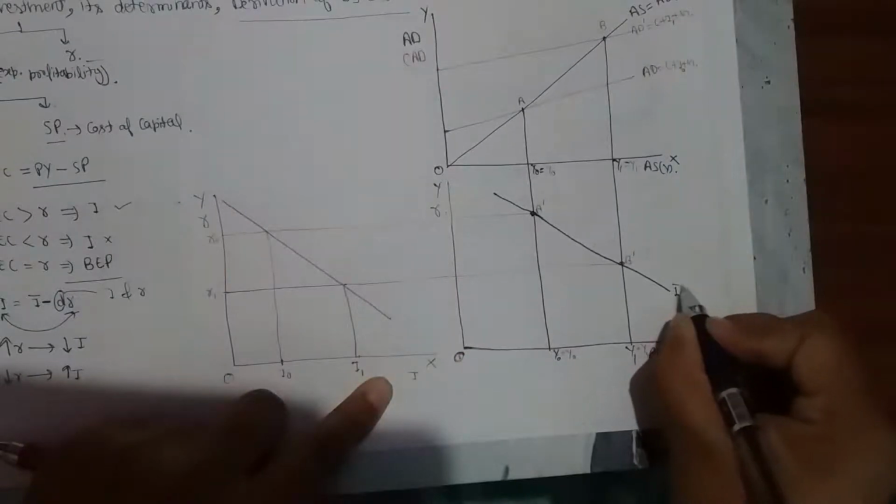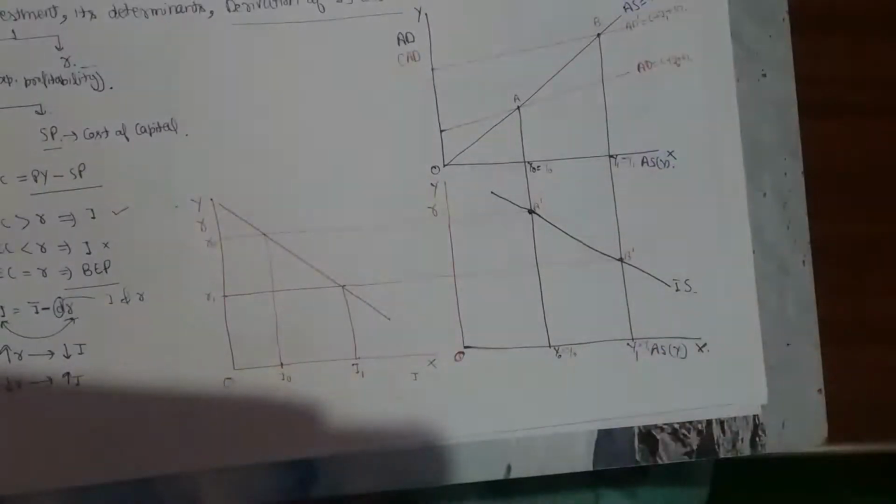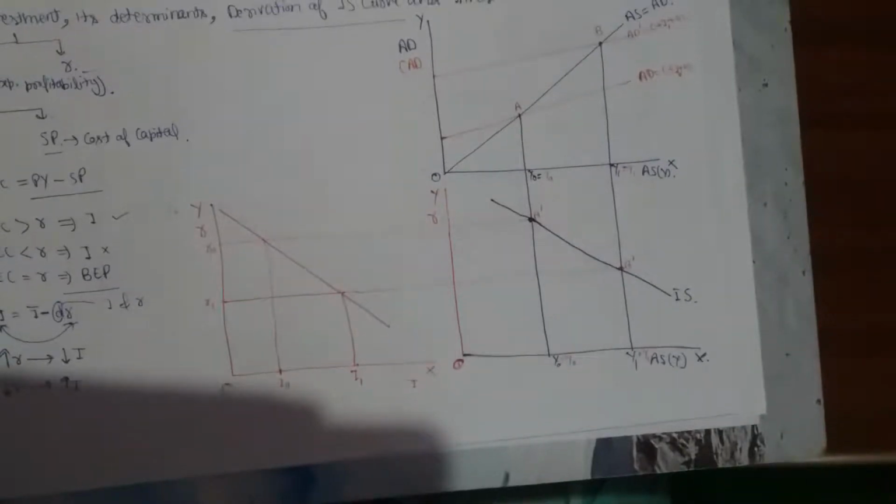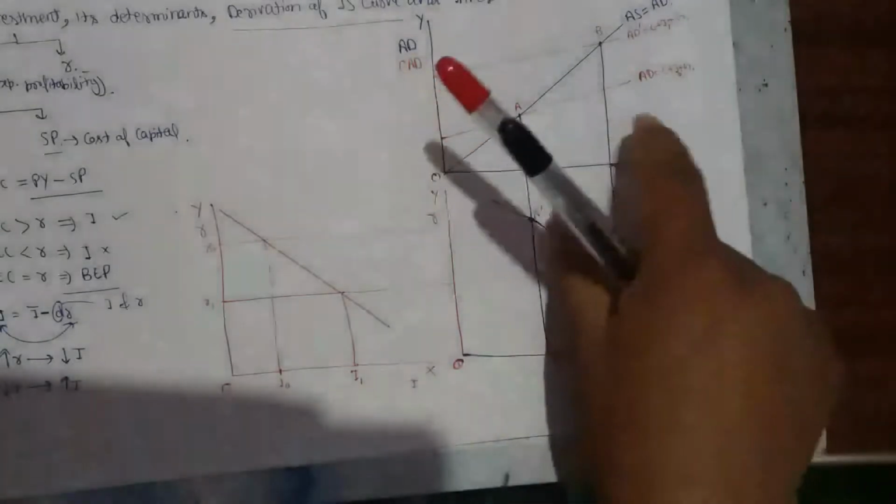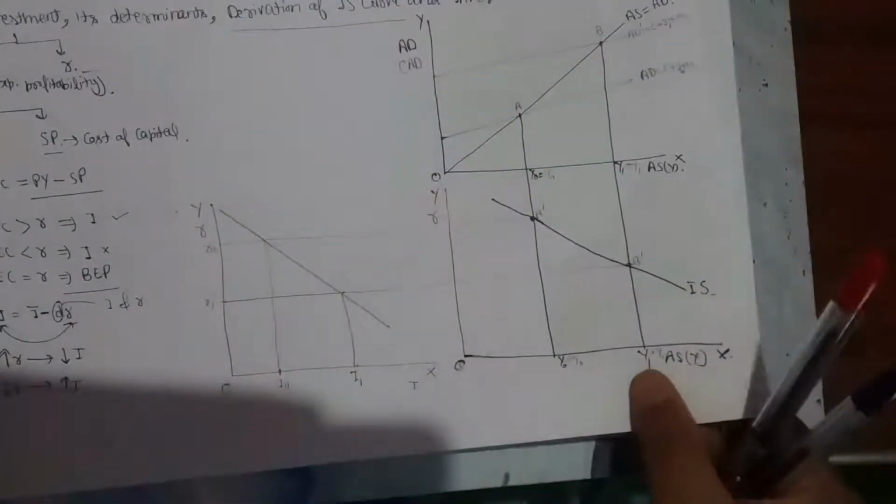This is the IS curve, right? And next we will derive the investment multiplier, right? How to derive the investment multiplier with the help of equations from this diagram.